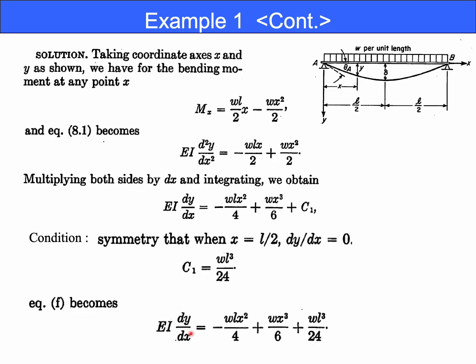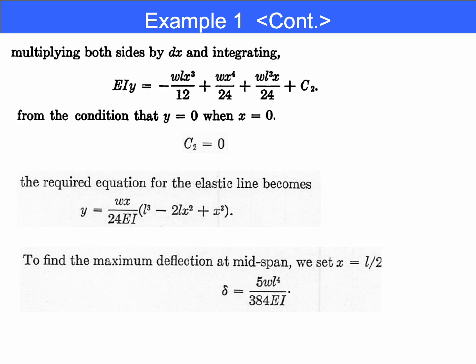So in order to have the deflection expression, we have to integrate the slope equation one more time, just like this. But again, we have an integration constant, C2.